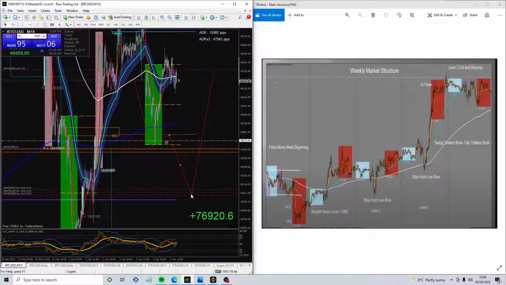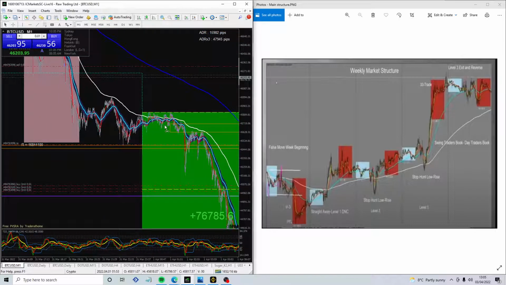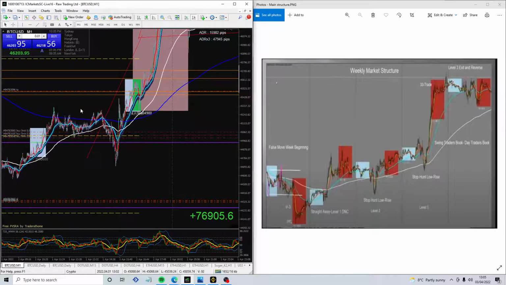In fact, is there a 1 minute liquidity pool down there? It would not surprise me if there is. So let's have a look.